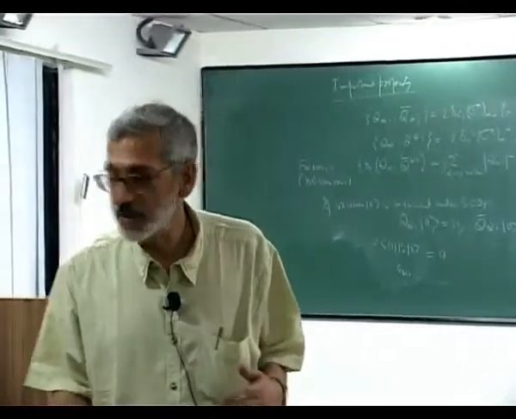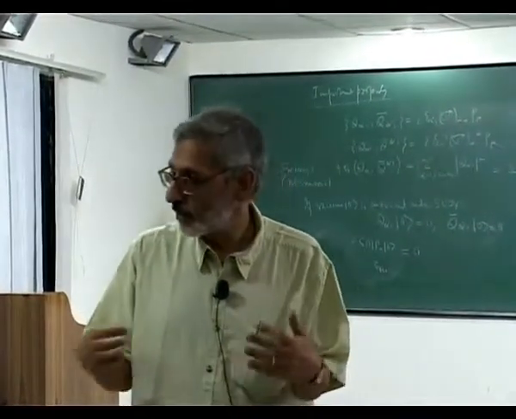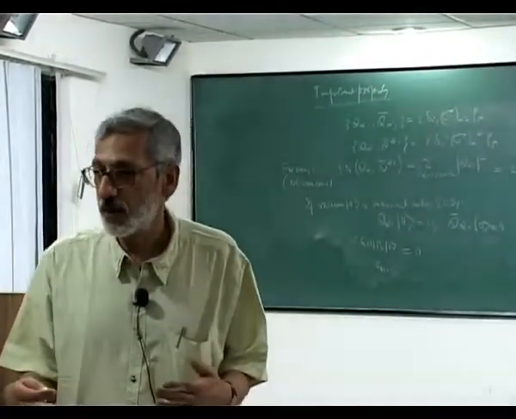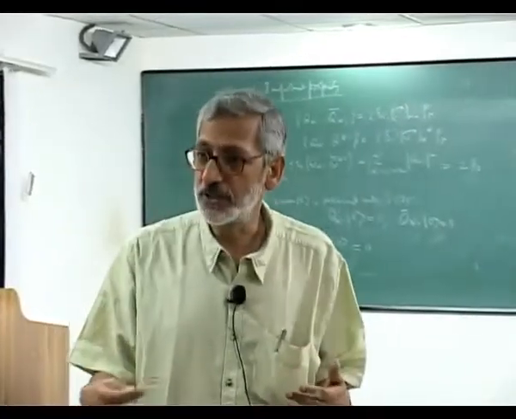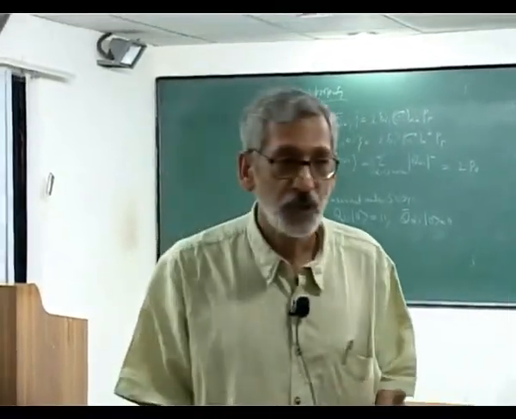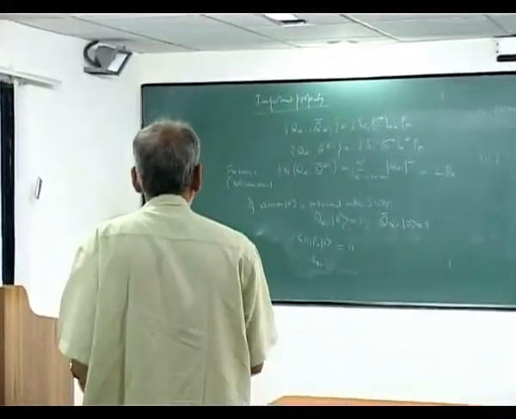Earlier we have already given a name for such things. Symmetries which are symmetries of the Hamiltonian but not of the ground state, we call spontaneously broken symmetries. So this would be a case of spontaneously broken SUSY.